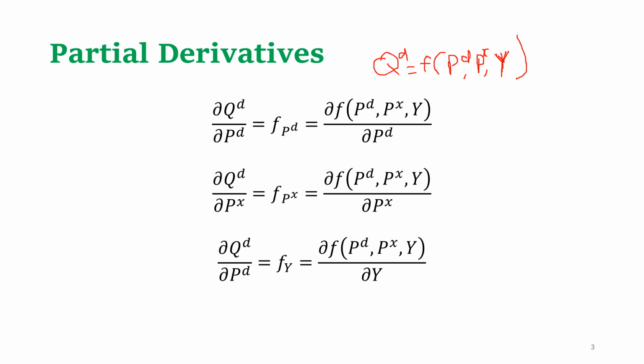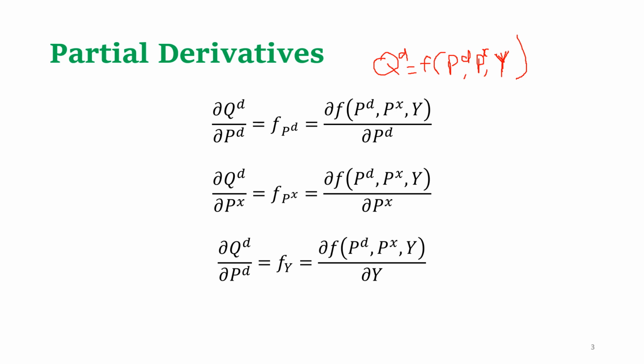And then the next one is we want the partial derivative of the quantity demanded with respect to the price of the related good, which is PX, right? Again, we do the same thing, F PX. That is the symbol. And then the derivative is the partial of QD over PX.